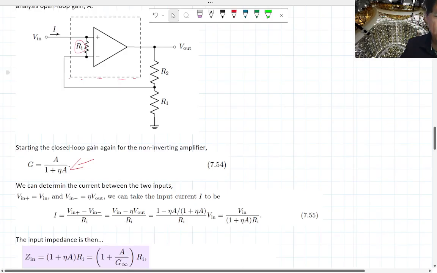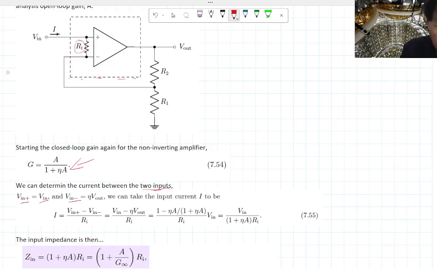We can determine the current between these two inputs because V plus is just V in. V minus, for this non-inverting amplifier, is once again eta times V out. Remember that eta is just R1 over R2 plus R1, the voltage divider equation.